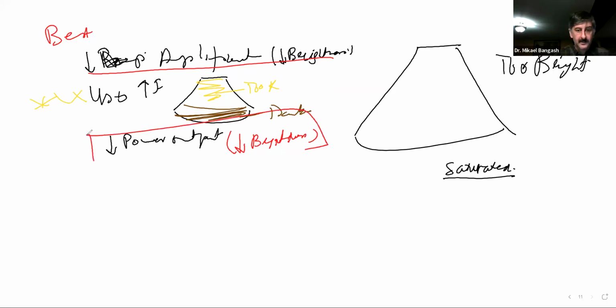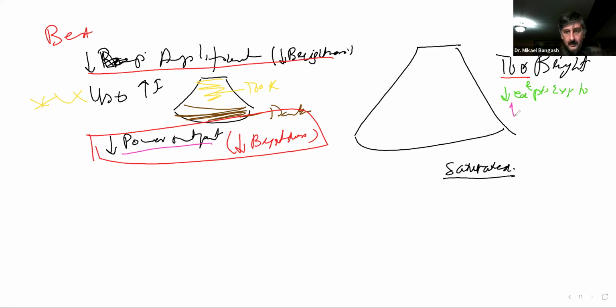But then, ladies and gentlemen, this option here becomes the best because what does it do as well? Not only does it take care of the too bright image, but on the other hand it also reduces the patient's exposure to a high amount of sound energy.